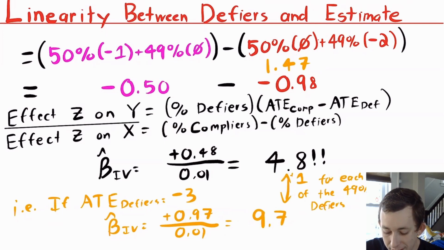Why is it 4.9? Because I get plus 0.1 for each defier of my 49% of defiers, so it's linear. The amount of defiers I have will tell me that if I increase the ATE by 1, I am going to increase the IV estimate in the wrong direction by 4.9.